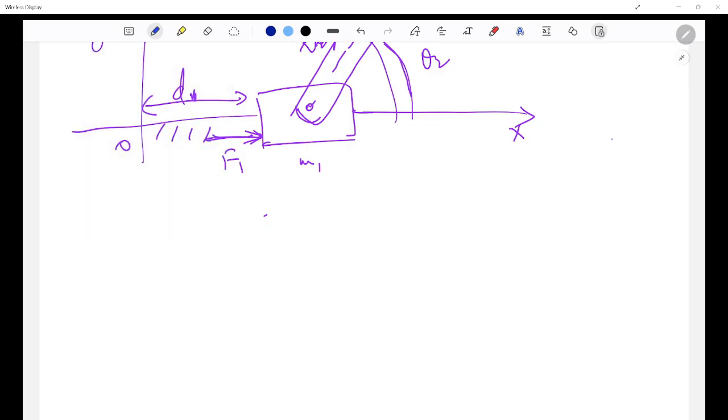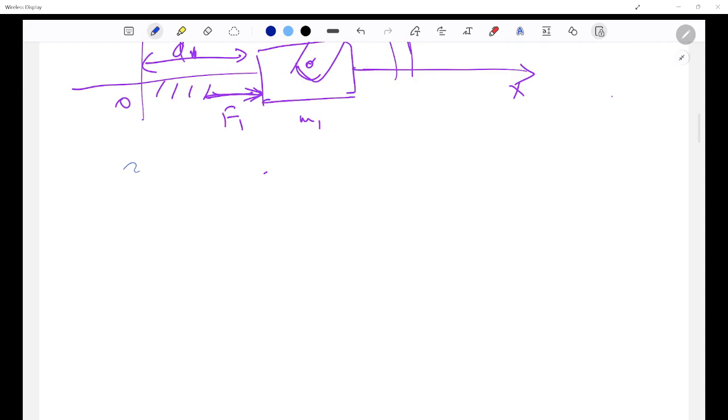We are going to derive the equations of motion.